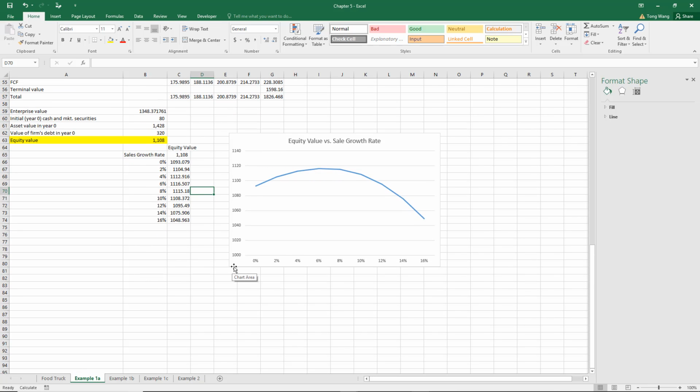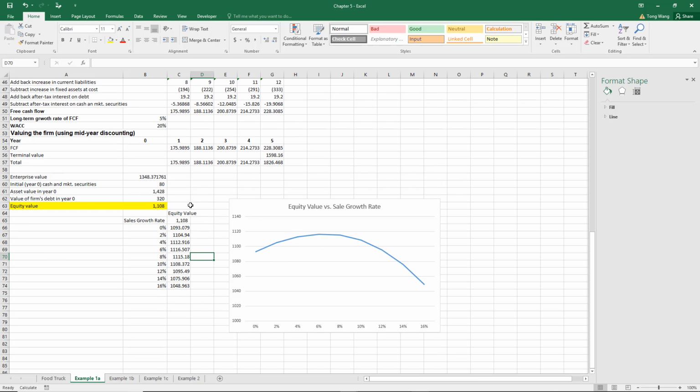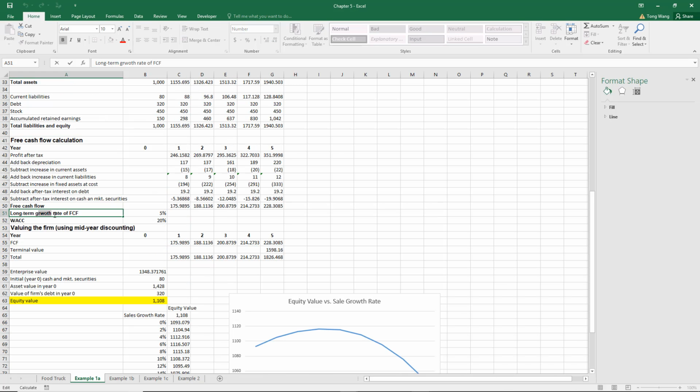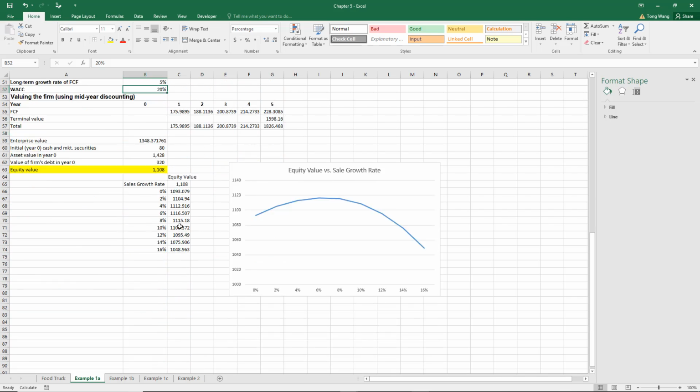So another thing we can try is to do a two-way sensitivity analysis. For example, if I want to figure out how the value of my stock depends on my assumption about both the long-term growth rate and the WACC, then I can do this.